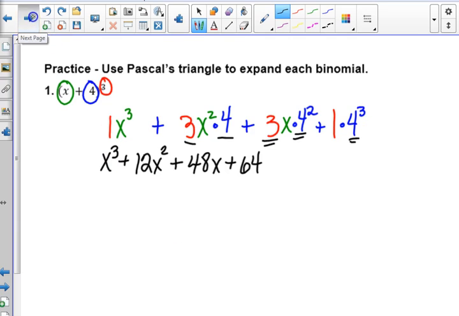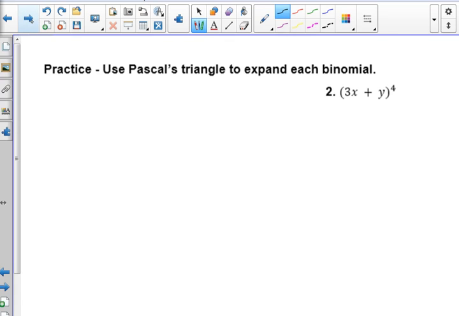All right. Let's try number 2. Number 2 says row 4. What does row 4 say? It should go 1, 4, and end with a 4, 1. What's in the middle? What is the first thing? We don't have an A, we have a 3x.